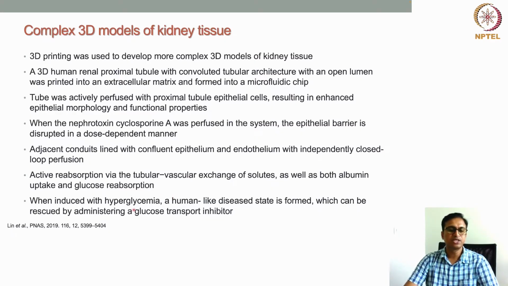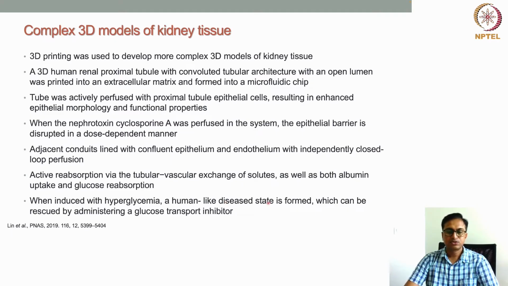Another thing they have seen: in native tissue, when the glucose level is high in the body, that means in case of hyperglycemia, the kidney functions can be highly disrupted.